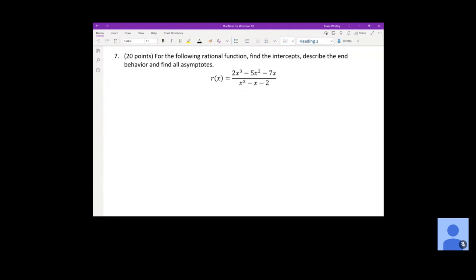So what's the first thing we would want to do with this rational function to be able to find those things?